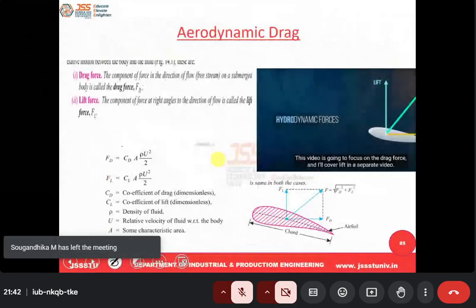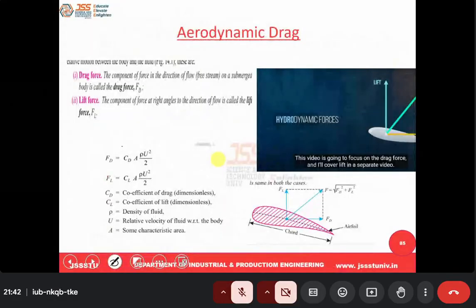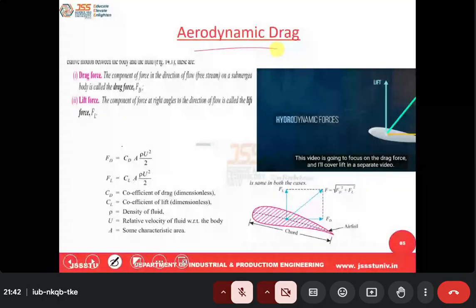Okay, let's come to the very important thing in the aerodynamic field. The topic is known as aerodynamic drag. As you know, in an aerodynamic shape, when we talk about the aircraft and all, it is going to take a lift. How?